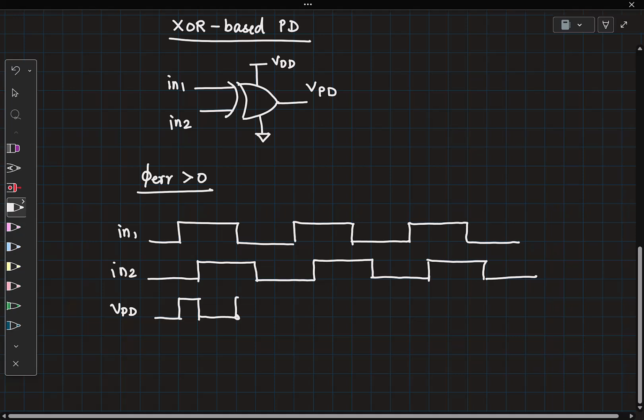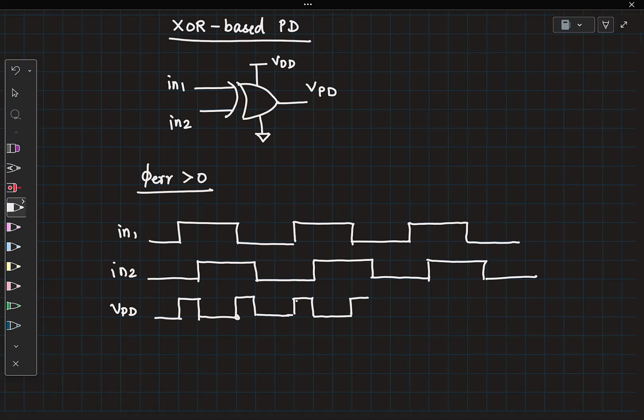Then it goes high here again, remains 0, goes high, etc. Now I can calculate the average by looking at one period in the VPD output. So you see that the VPD output is periodic with respect to this duration. How much is this duration? This is T naught by 2, where T naught is 1 clock period.